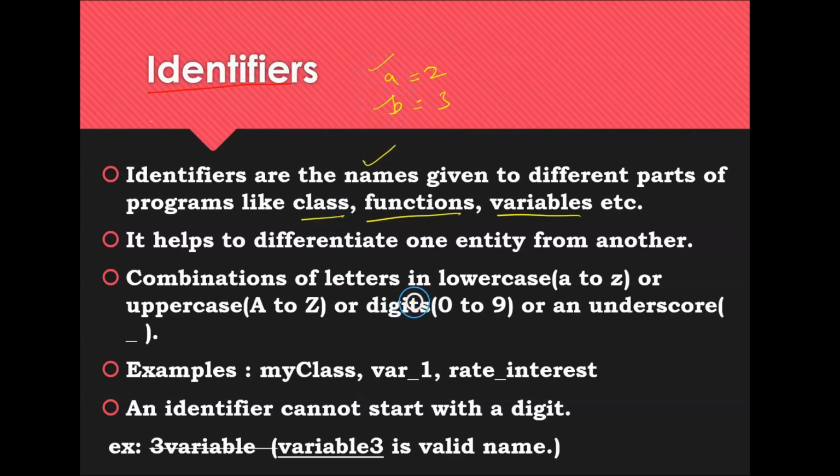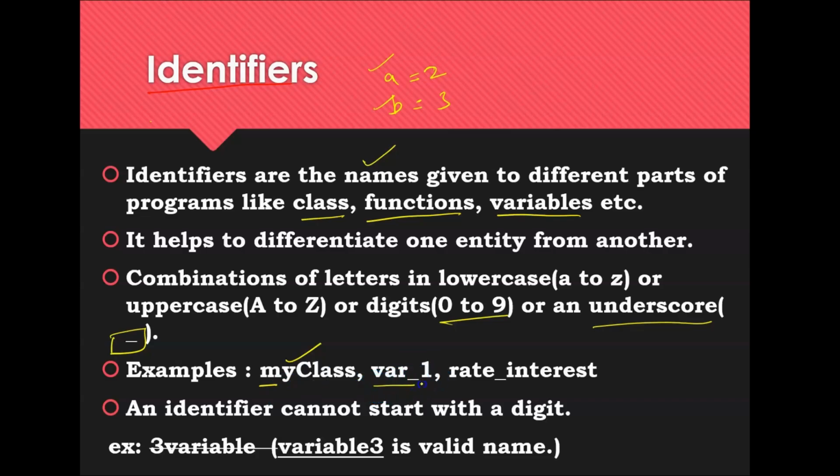An identifier can be a combination of lowercase letters a to z, uppercase letters A to Z, digits 0 to 9, or an underscore. Only the underscore is allowed in identifiers. No other special symbols are allowed. Example: myclass, where m is lowercase.